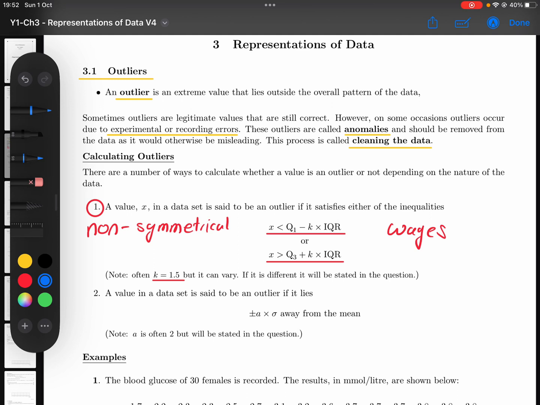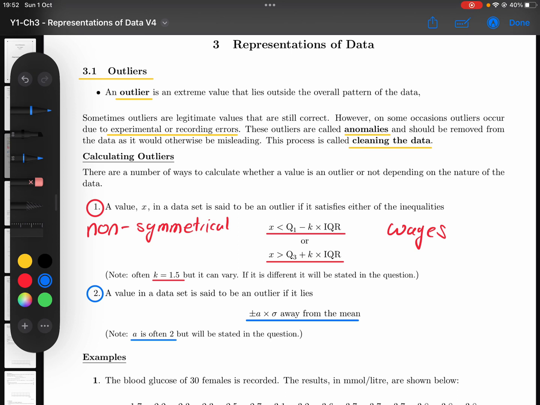We will also learn a second method for calculating outliers, and this one will be based on the mean and standard deviation. In particular, a value in a data set will be said to be an outlier if it lies some multiple away from the mean of a standard deviation. Again, that multiple a can be 2, but will often change depending on the context.